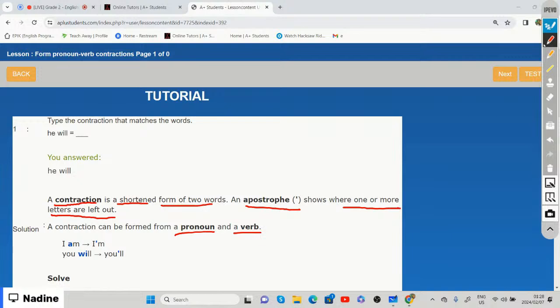And when we form our contraction with the pronoun and the verb, the pronoun isn't going to change, but our verb changes. All right. And we made an example of I am 7, for example. So instead of writing both of those words, we can just say I'm 7.